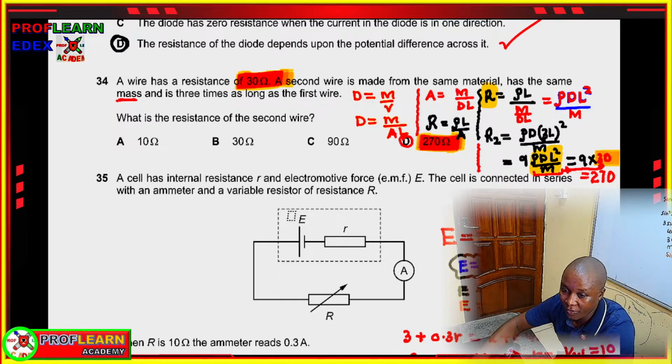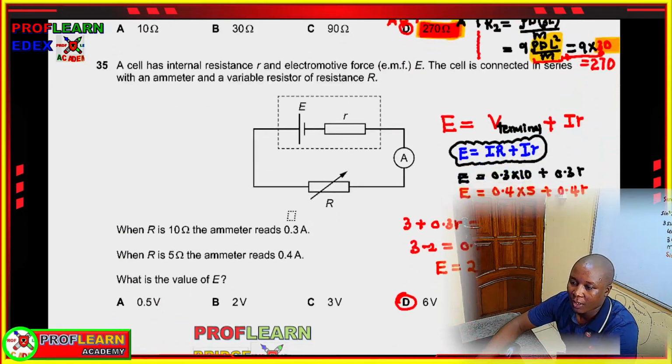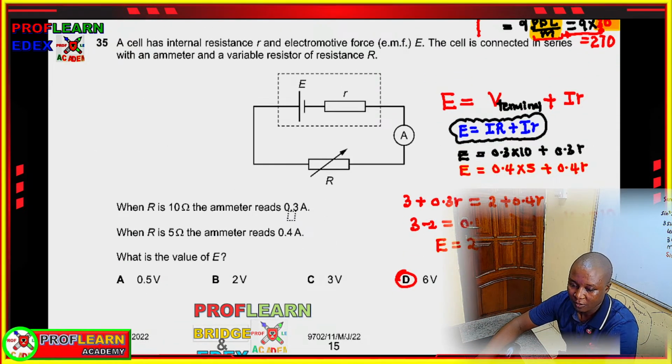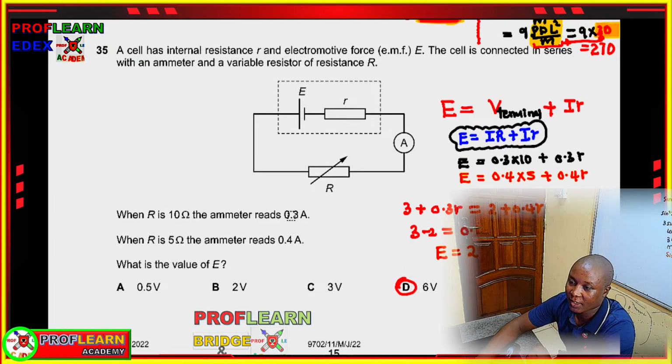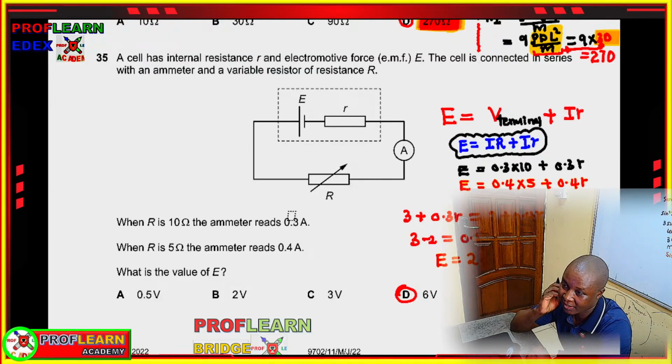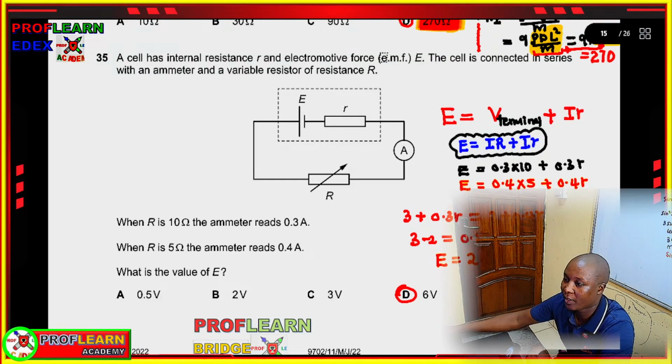All right, moving to question number 35. It says a cell has internal resistance r and electromotive force of E. The cell is connected in series with an ammeter and a variable resistor as shown here, where R is 10 ohms and the ammeter reading is 0.3 amperes.